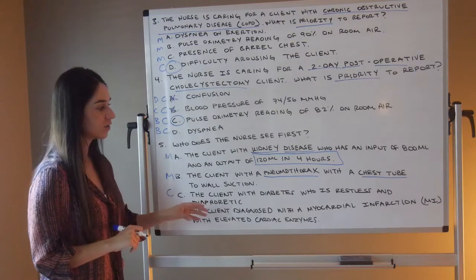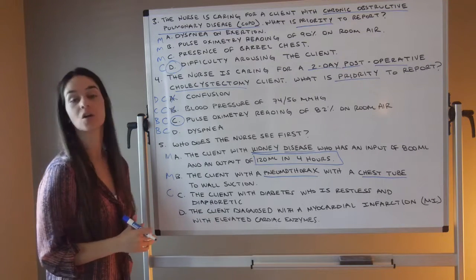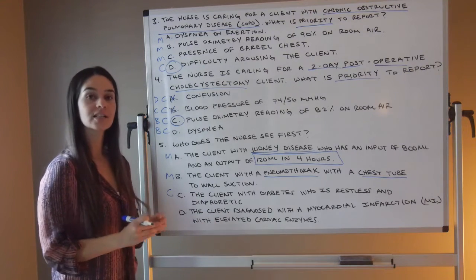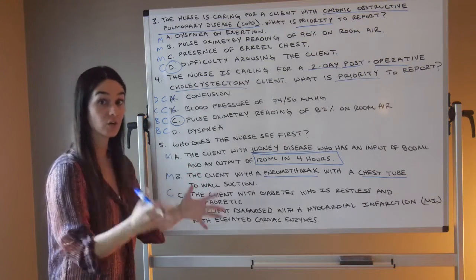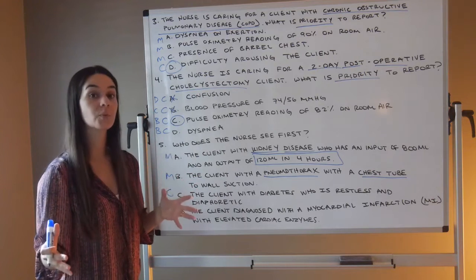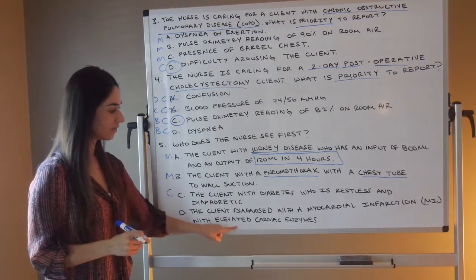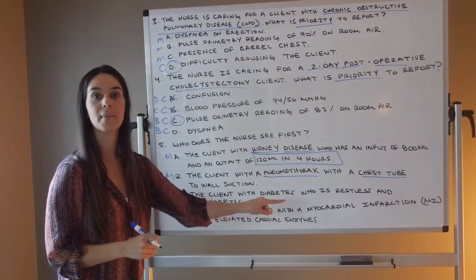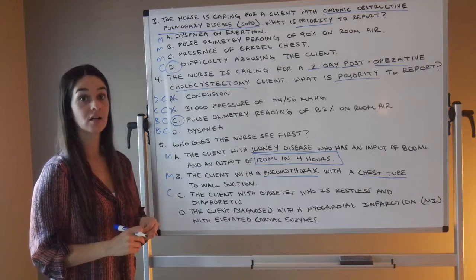The client diagnosed with a myocardial infarction, an MI, with elevated cardiac enzymes. So let's think about this. They're diagnosed with a heart attack, meaning we know they've had a heart attack, and in this perfect world, we're treating them appropriately for a heart attack. So my question to you is, are elevated cardiac enzymes a manifestation of an MI or a complication?